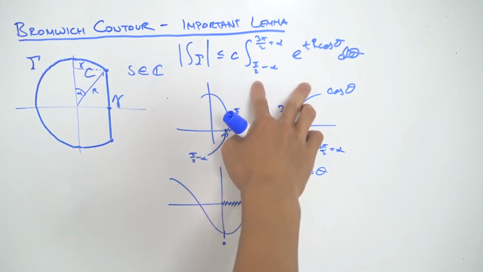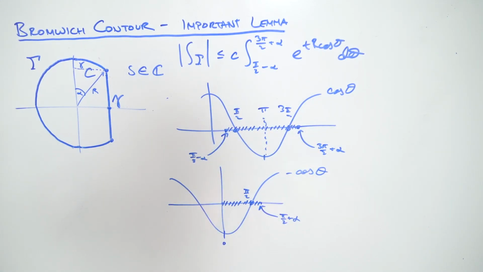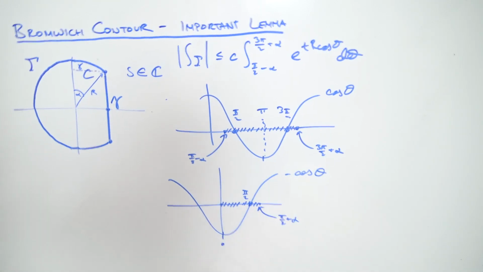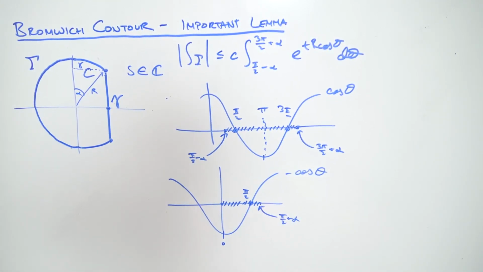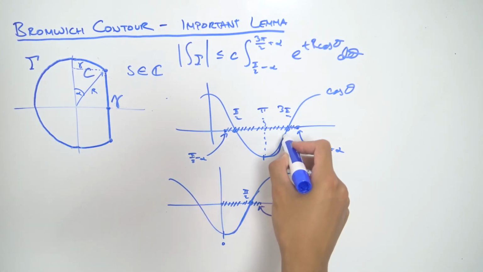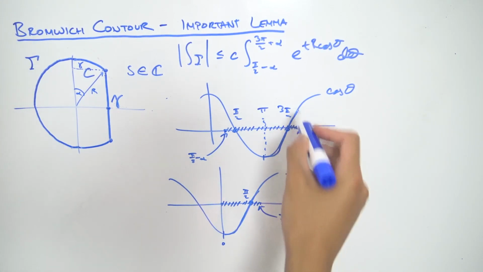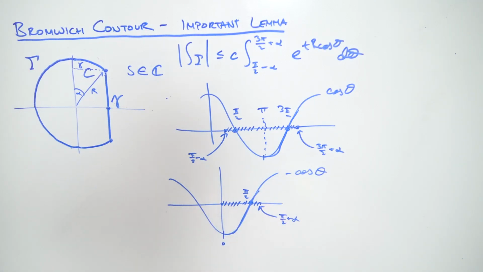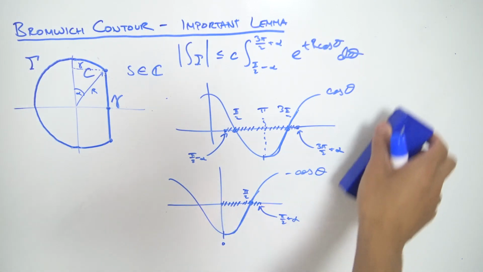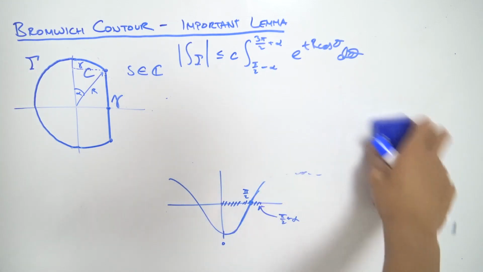So this integral, we can rewrite as the integral from 0 to pi on 2 plus alpha, but then we just multiply everything by 2 because the cosine function is even. And hopefully you can see this because the values of cosine that we get on this new interval are the exact same values that we get on the cosine of theta graph on this interval, but we're just going to double it because of symmetry.